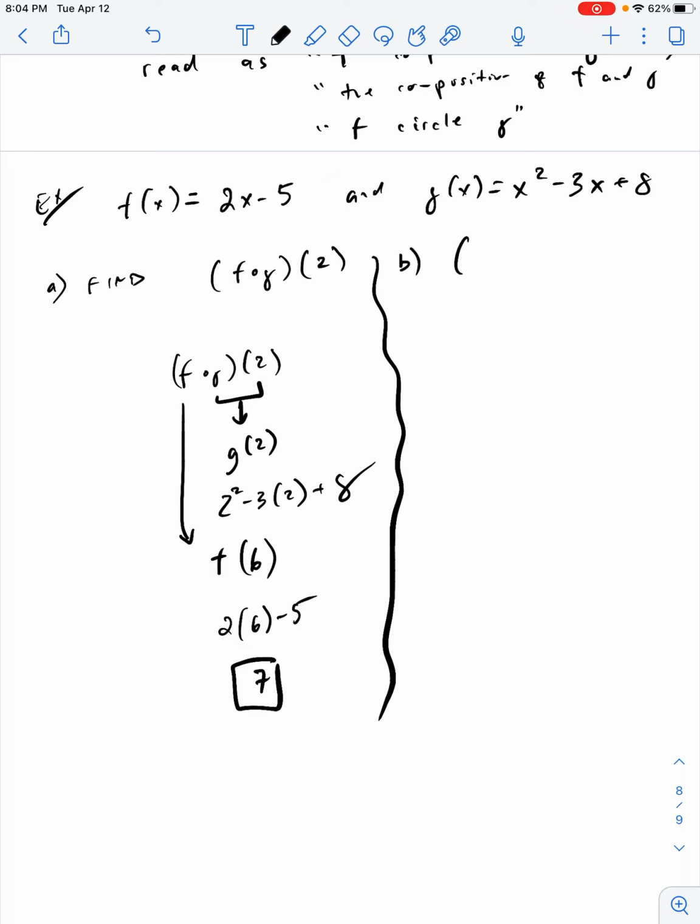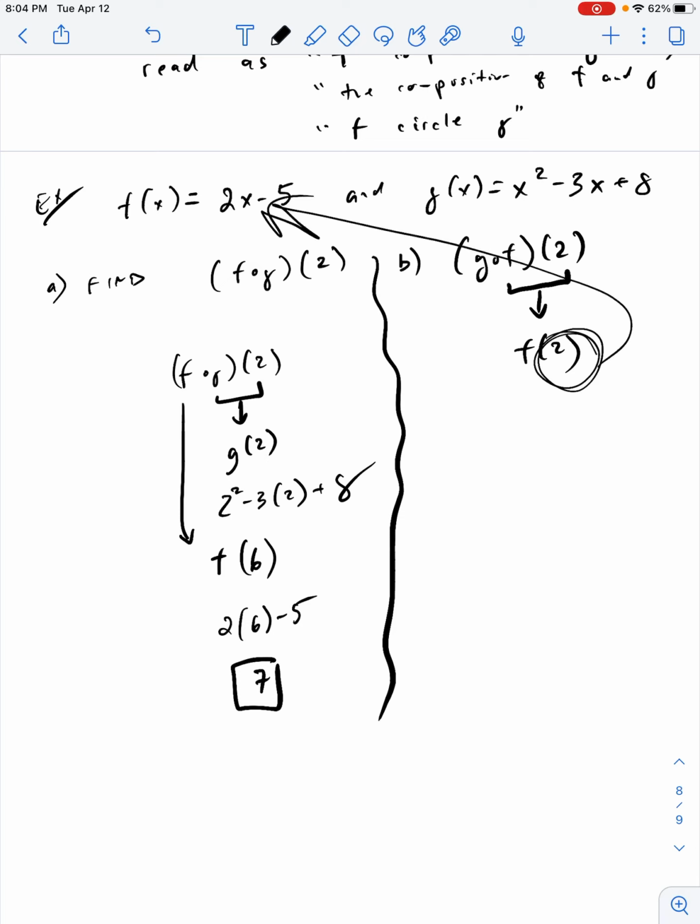But notice that if we do g circle f of that same number, we may not get the same results. Because now we do f of 2 first, which means this 2 gets plugged into f first. So 2 times 2, 4 minus 5 gives us -1.